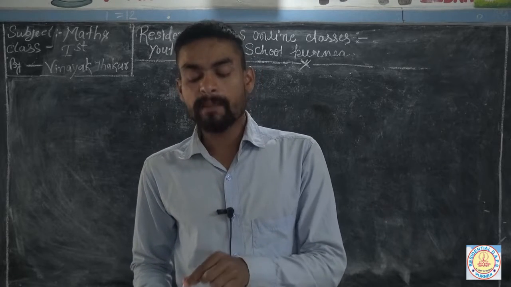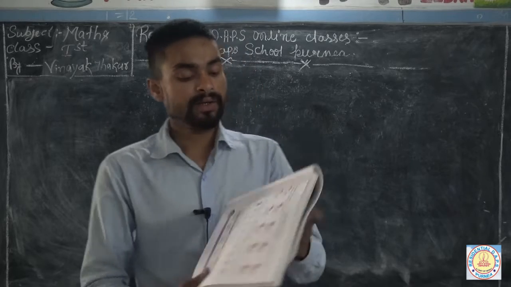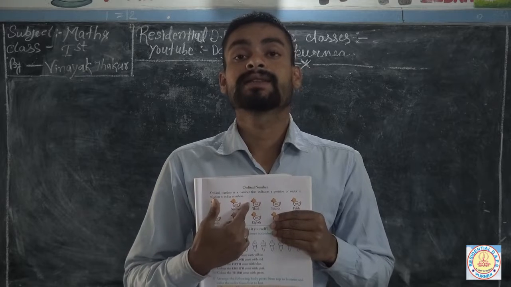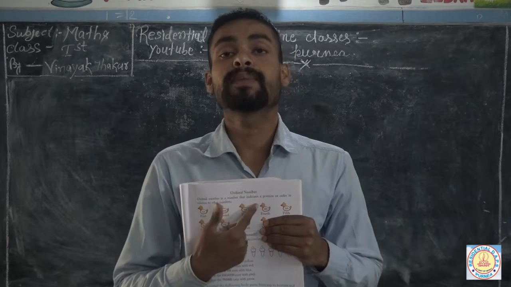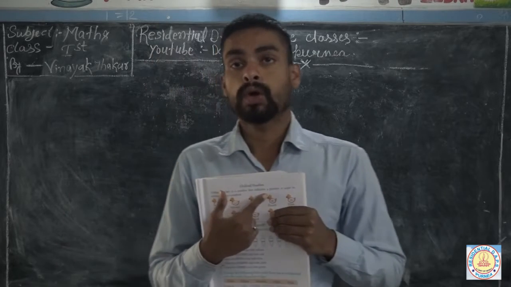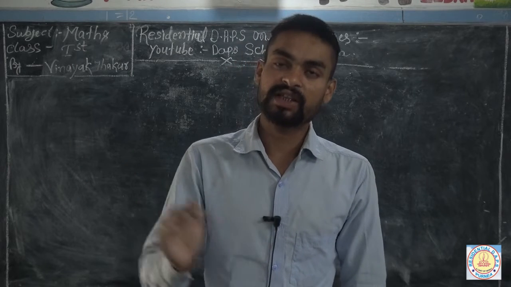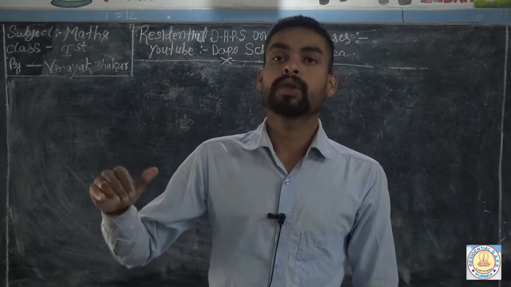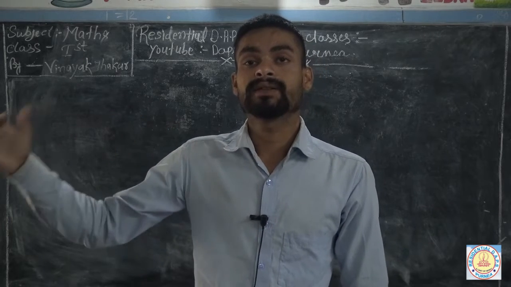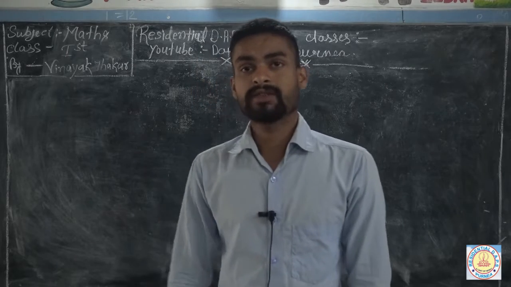So which number is indicated on which place? Here we see that the second number is indicated in the second place, and like that all the numbers are indicated in their own places: first is on the first place, second is on the second place, third is on the third place, fourth is on the fourth place.